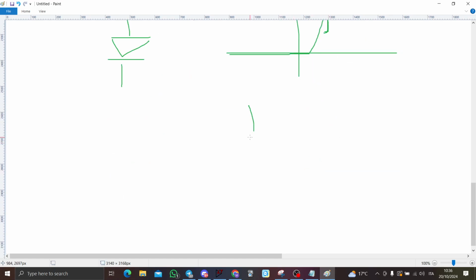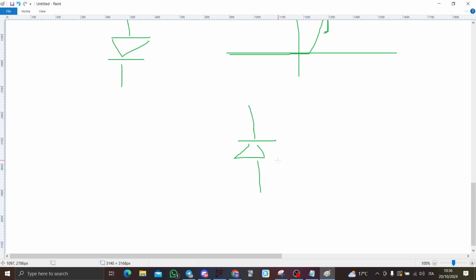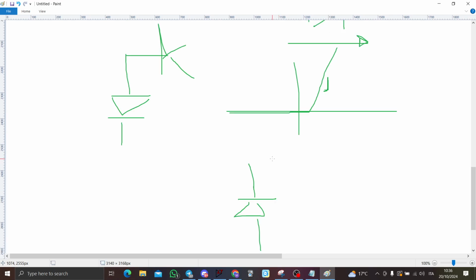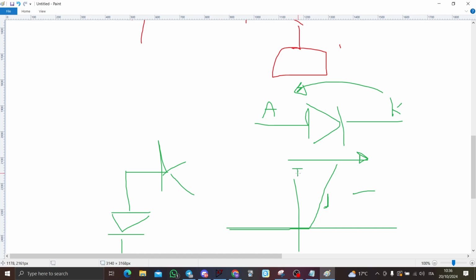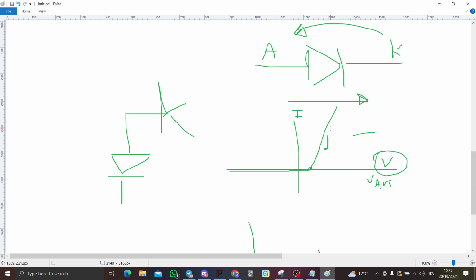So if you put the diode like this, you have to always remember that this is I, and this is V. This V, of course, is always VAK. So when VAK is greater than 0.7, it will conduct current linearly with this curve here, and then you have the other part, the avalanche curve here, but right now you don't really care.